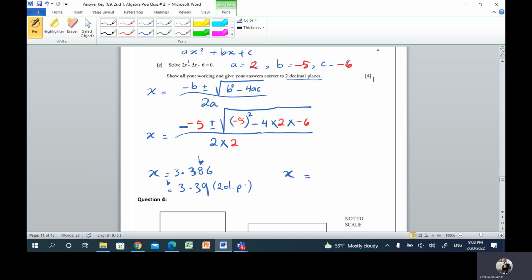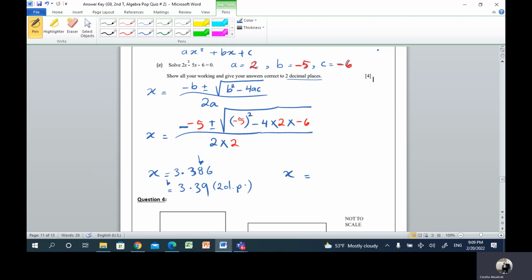Now let's insert this in the calculator with the minus. So minus 5 minus square root of squared inside bracket negative 5, and then minus 4 times 2 times negative 6 over 2 times 2.